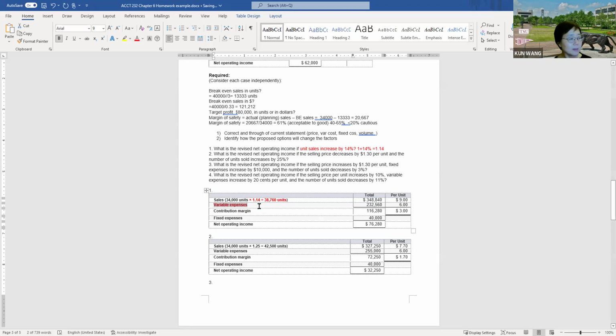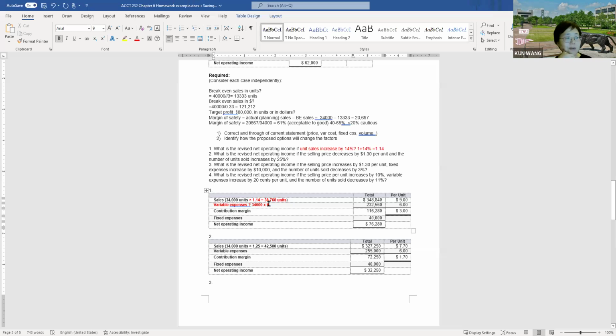I see lots of students make mistakes in this item. Some of them will continue to still use 34,000 times 6 automatically. But did you see what's happening here? You are mismatching. You have an increased volume on the sales, but the old volume for the variable expense.